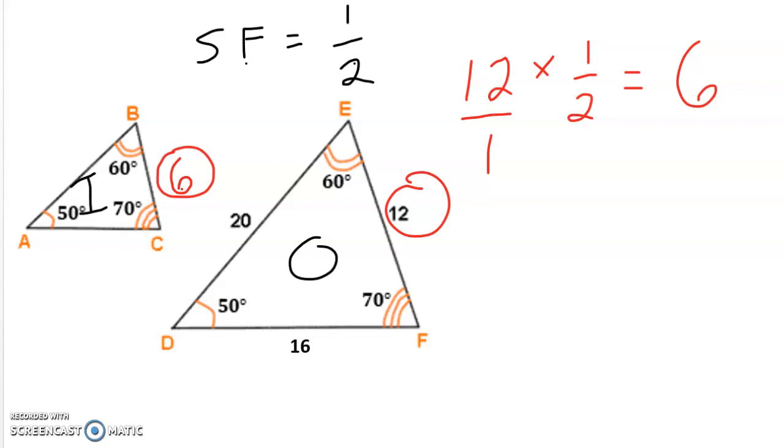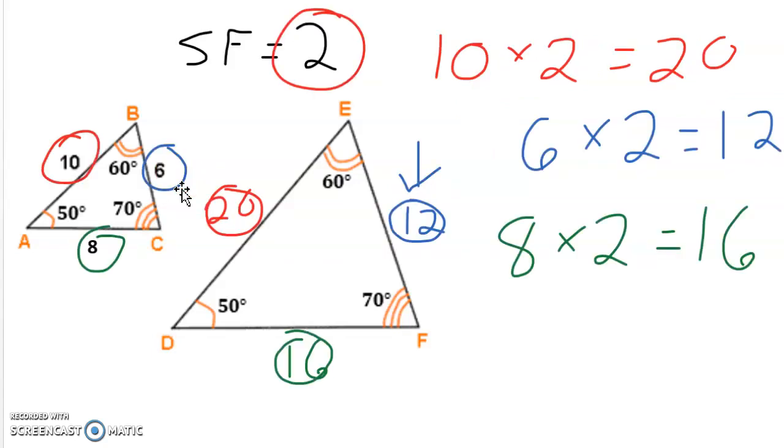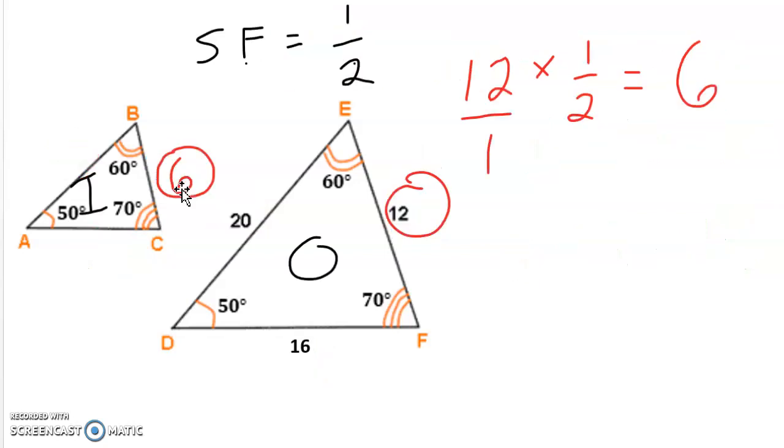I hope you notice that, going back to the original we started with, when the scale factor was a whole number larger than 1, what happened to the original shape? The original shape was ABC. It got bigger. This time, when the scale factor was less than 1, a fraction of 1/2, what happened to DEF?